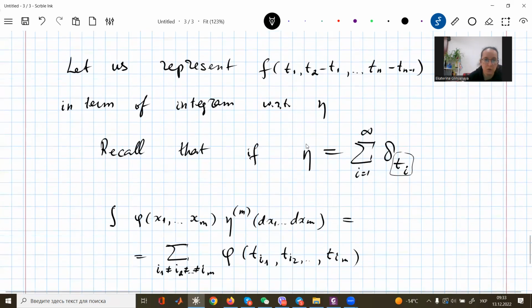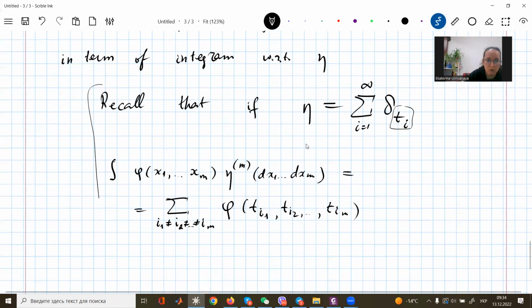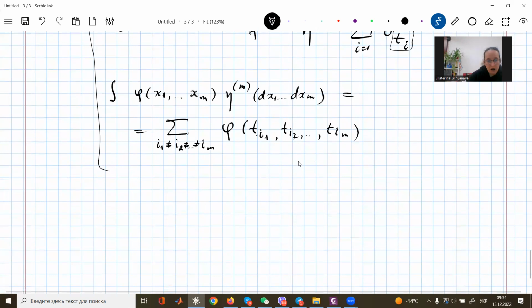So this we recall from the definition of the integral with respect to factorial power. So we have here non-equal points, and we sum with respect to non-equal indices.